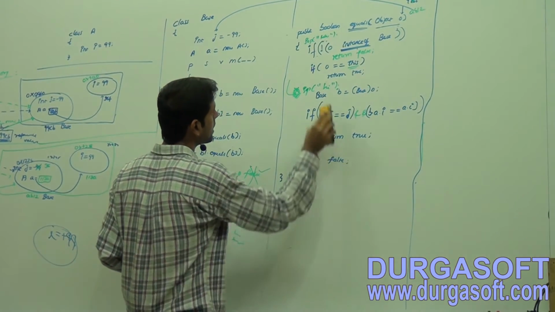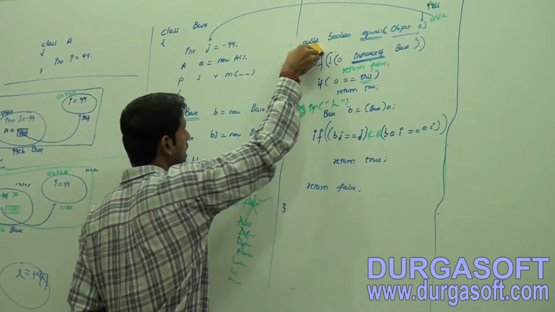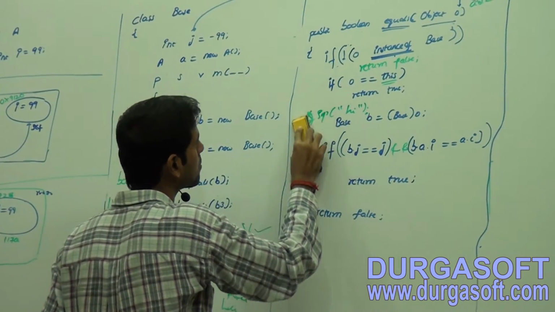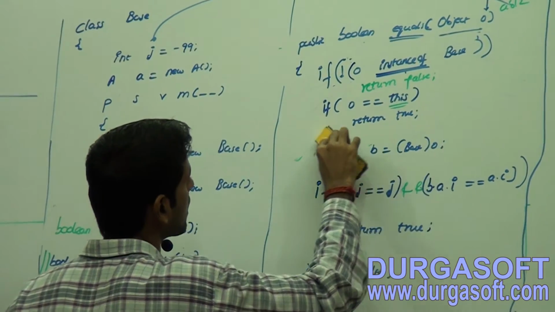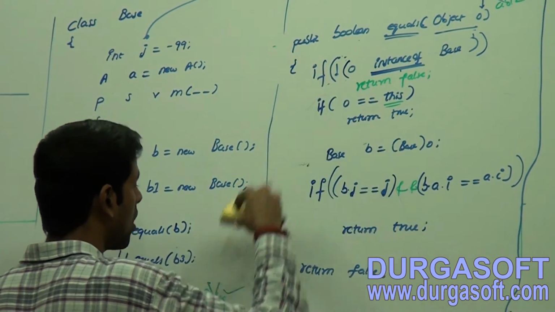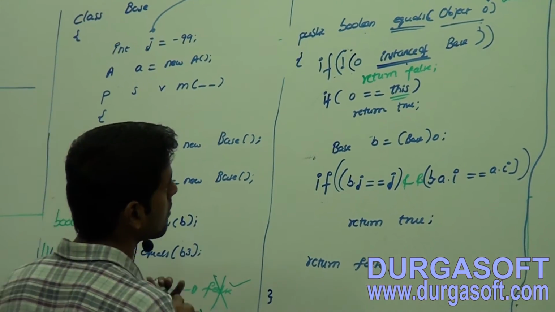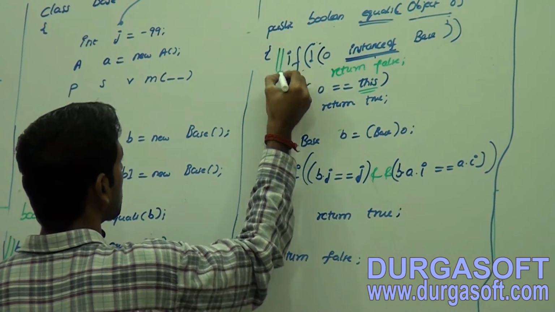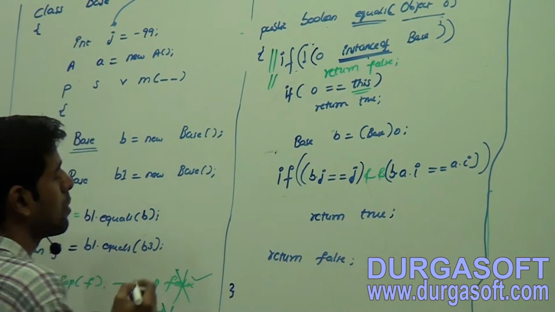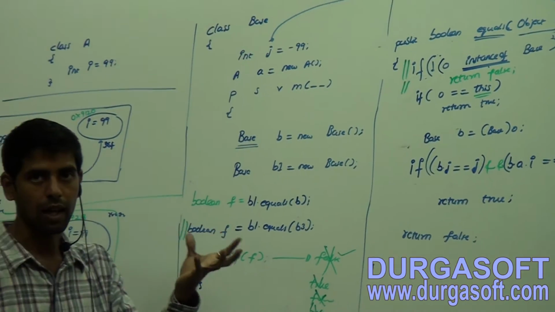If I comment this particular statement, this if block itself is not available. If this if block is not available, what is the scenario?